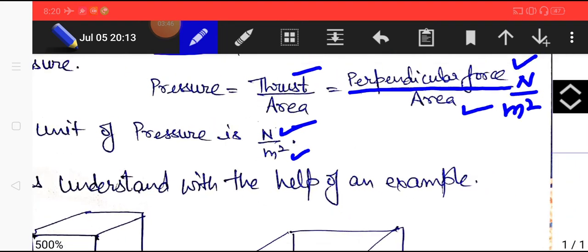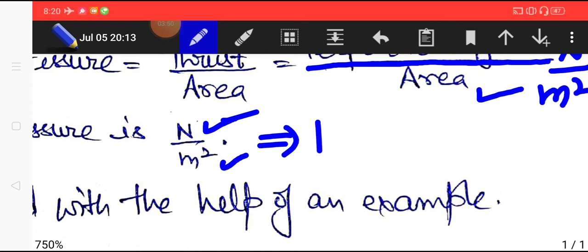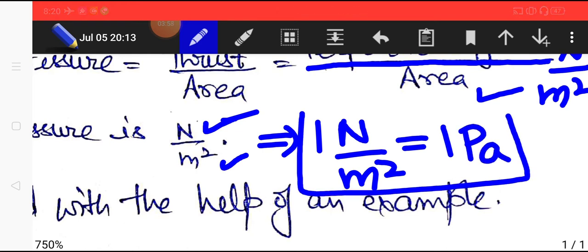And let me tell you one more thing, that this 1 newton per meter square of pressure is also known as 1 pascal. Pascal is the name of the physicist after whom we named the unit of pressure.